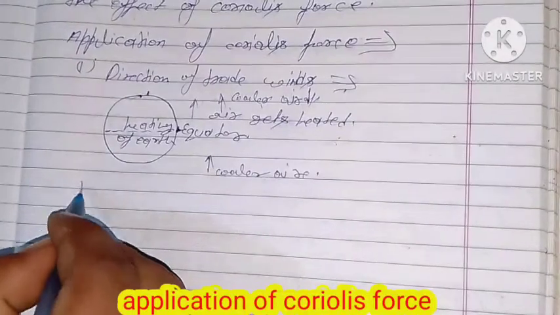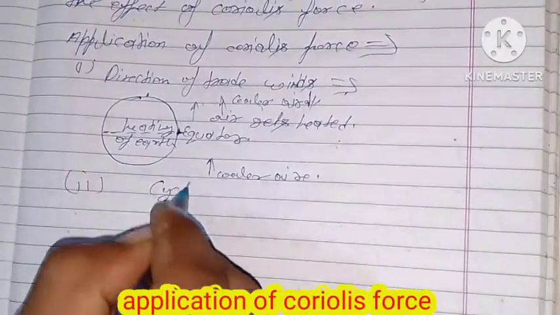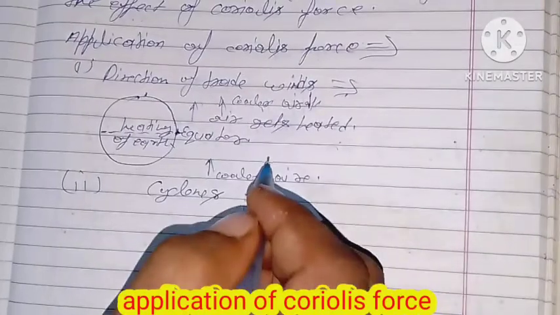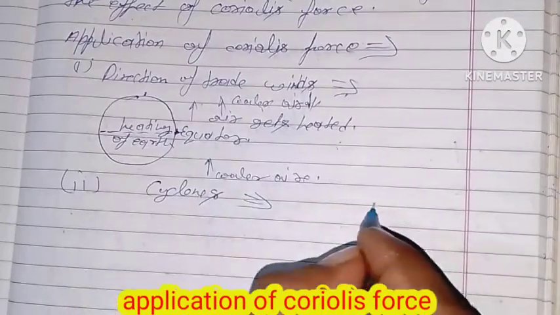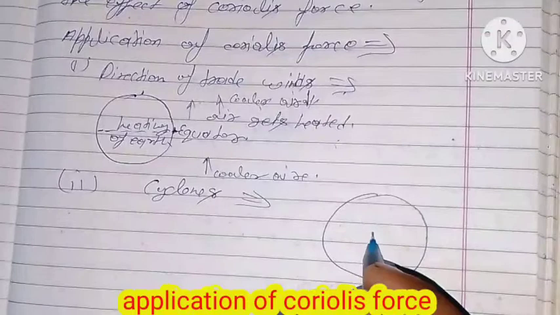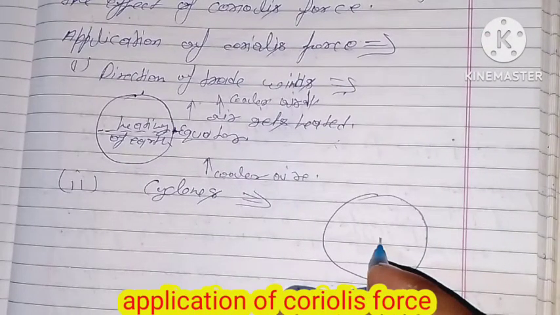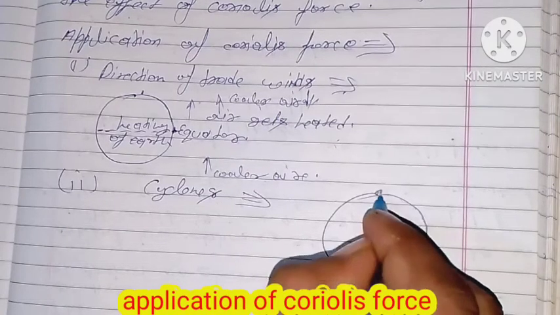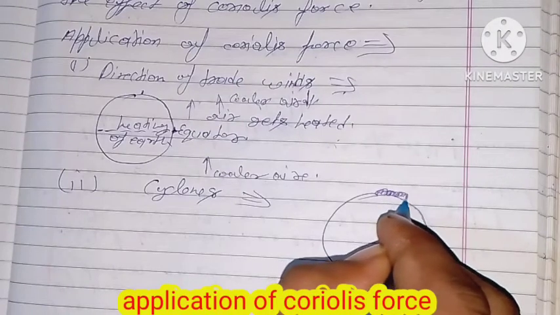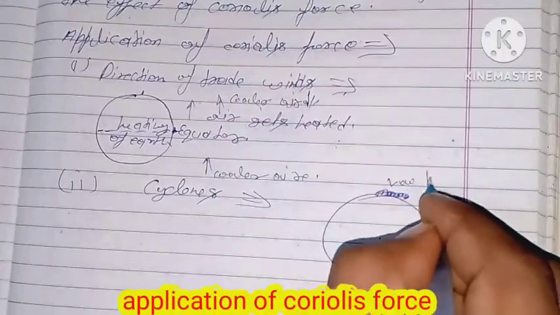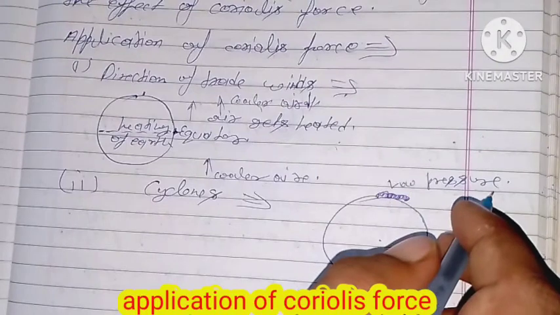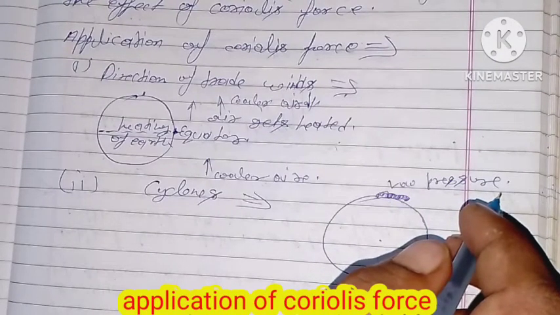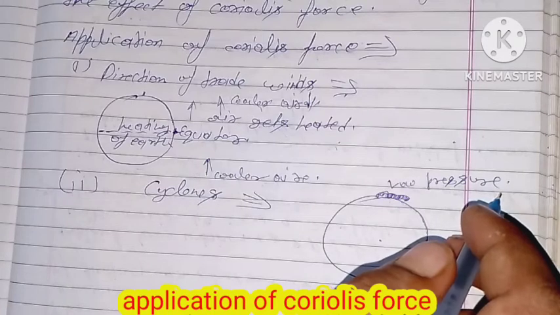And second is cyclones. Whenever a region of low pressure arises in the northern hemisphere, the air from the surrounding areas rushes towards it.